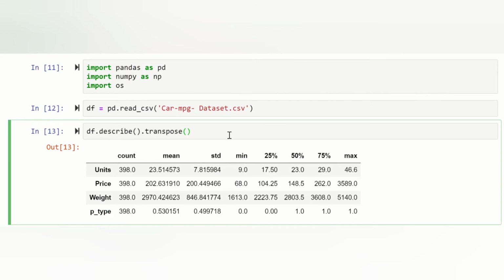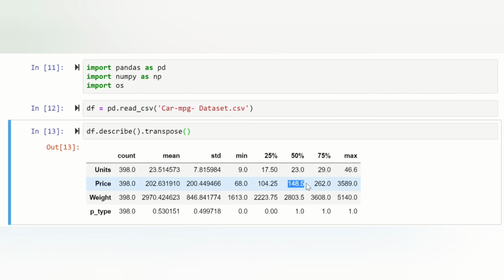If you closely observe, you may find that this minimum, 25, 50, 75, and maximum are nothing but the 5-number summary through which a box plot is also represented. So if somebody asks you, or if you want to know, what the median is for the price attribute, you can straight away look at the 50th percent, the middle value.